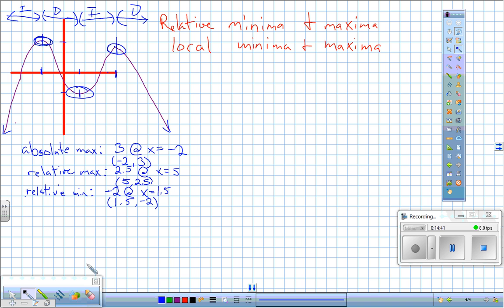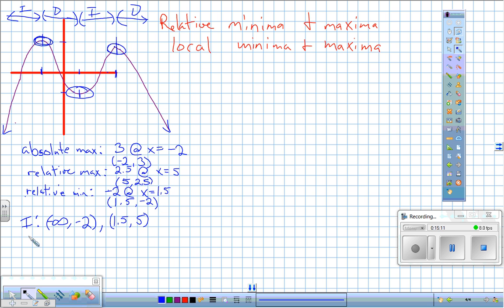Then what we're going to do is we're going to list them in interval notation. So my increasing function, it goes from -infinity up to my x value right here, which is -2. It's also increasing from 1.5 up to 5.